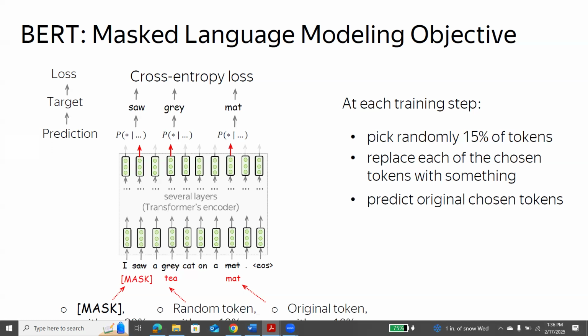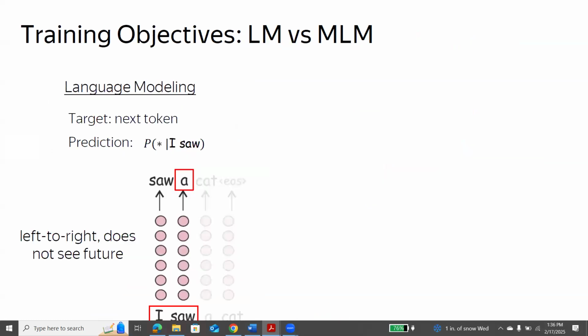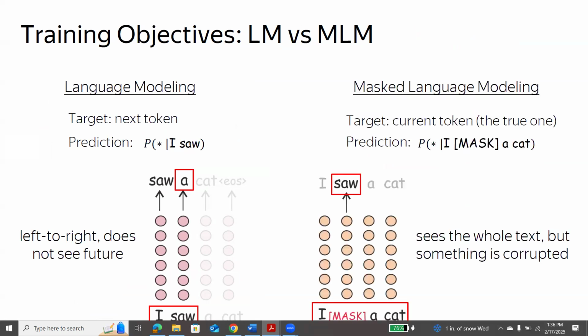They also learn what is the most probable next token. Okay, so this is the training objective of this BERT model.